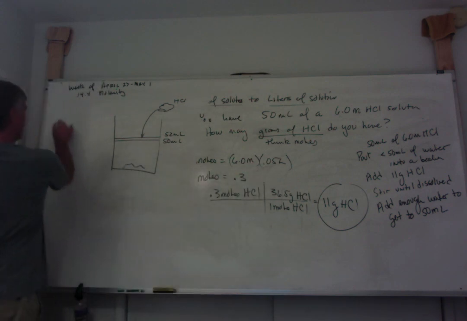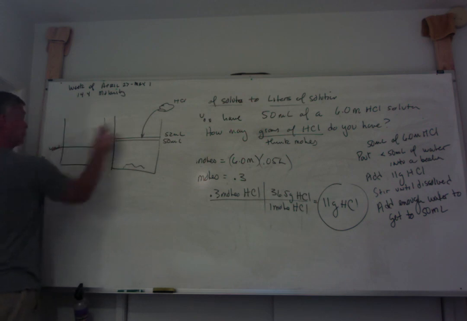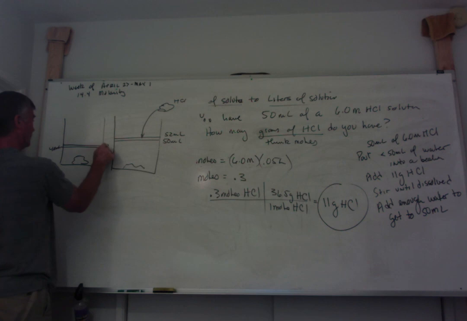So rather, what we will do is we'll say put in 40 milliliters of water. We'll put in the HCl. This will raise up, say 2, so now we're at 42 milliliters. Once this is all dissolved in here, then we will add the rest of our water to get right up to 50 milliliters.